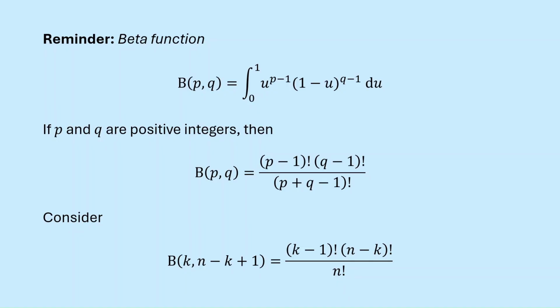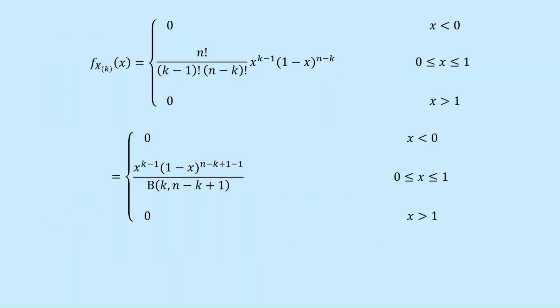It will take the value k minus 1 factorial times n minus k factorial divided by n factorial. Notice that this is precisely the inverse of the constant that we had at the front of our PDF for the kth order statistic. Also, looking at the exponents, we see that the PDF of the kth order statistic matches perfectly with the PDF of a beta distribution with parameters k and n minus k plus 1.